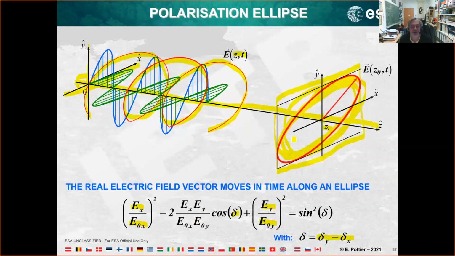So it is a space-time representation. And the polarization ellipse is defined, in fact, only once you have the complete description of the ellipse during the time. Okay?